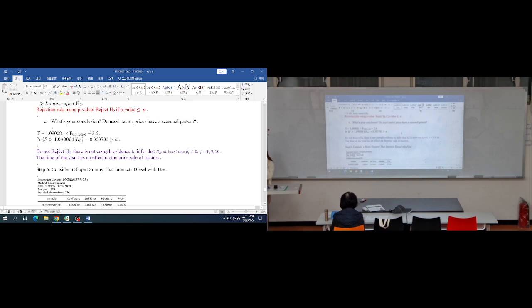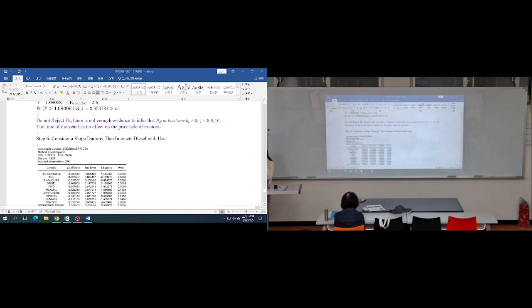Because I saw in the textbook the question had this statement, so I just copied it. Seasonal pattern, season of the year. Seasonal, no effect.